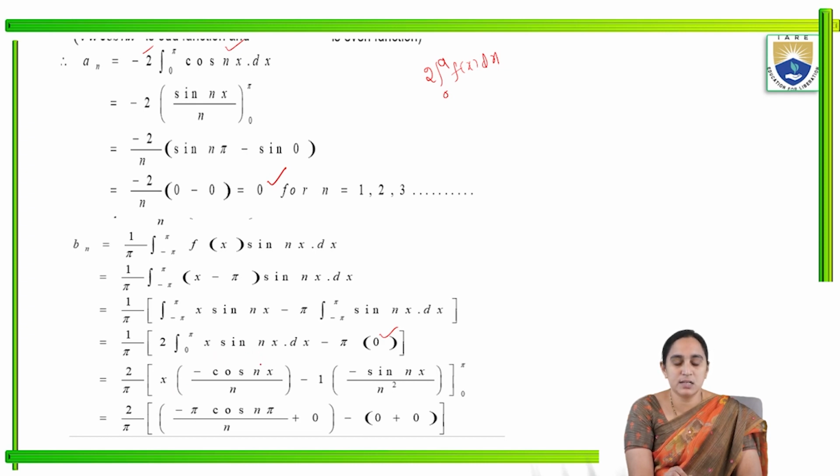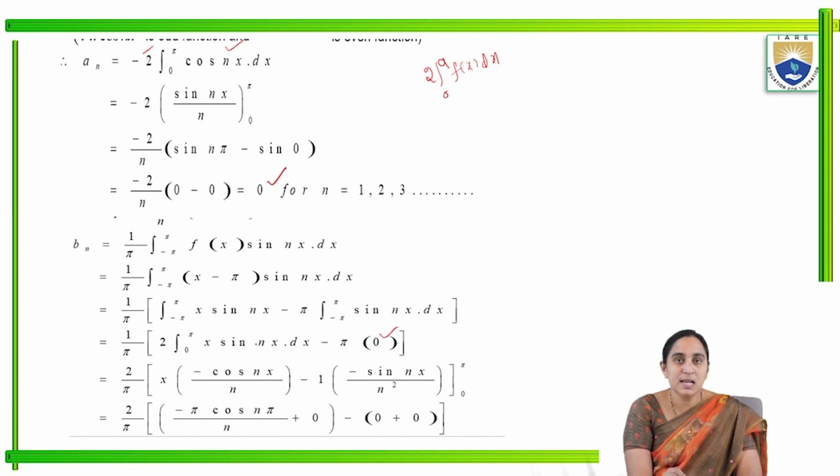Here I am applying the uv formula for x into sin nx. What is the uv formula?